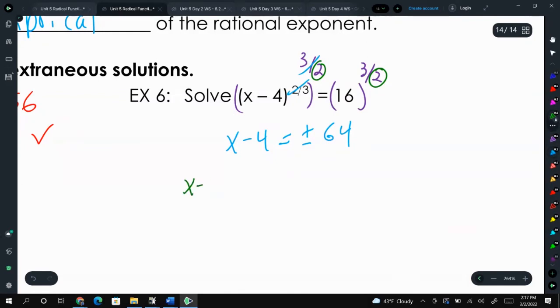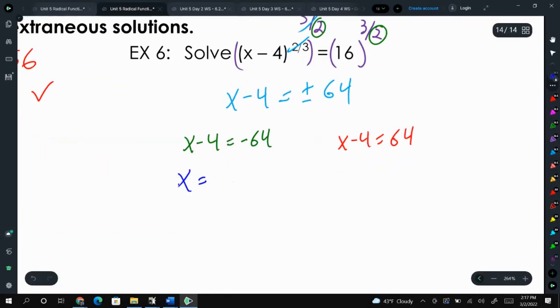So now we have x minus 4 equals negative 64, and x minus 4 equals positive 64. Adding 4 to both sides, x equals negative 60. Add 4, x equals 68.